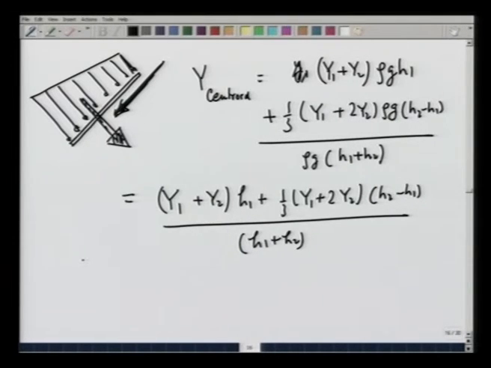We can also transform this now to at what depth it is acting, this way. Let me make it with blue. At what depth is it working?